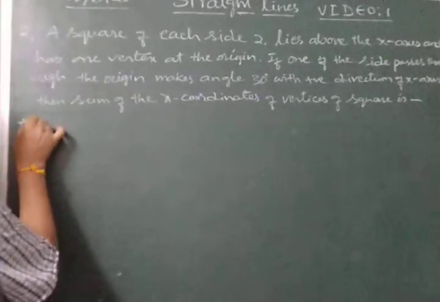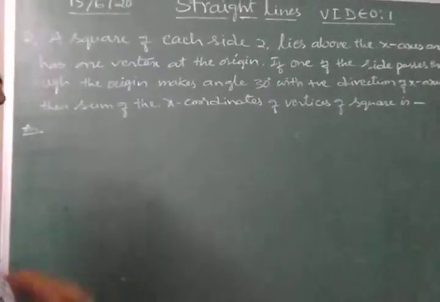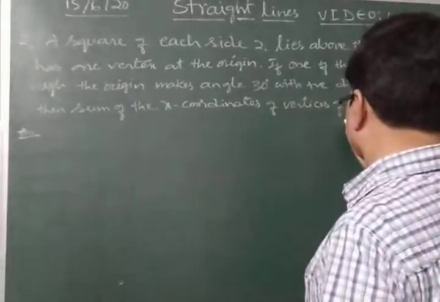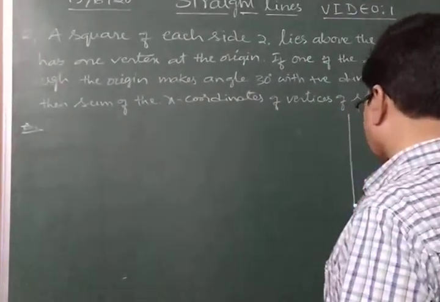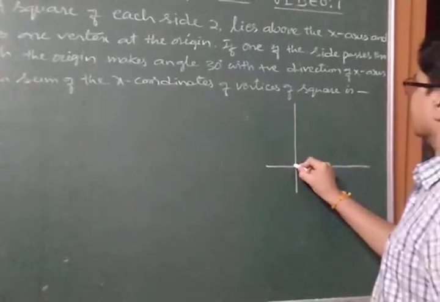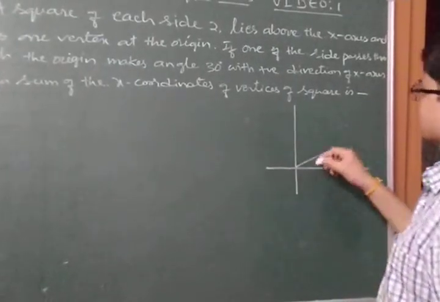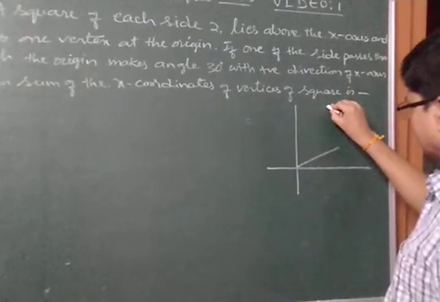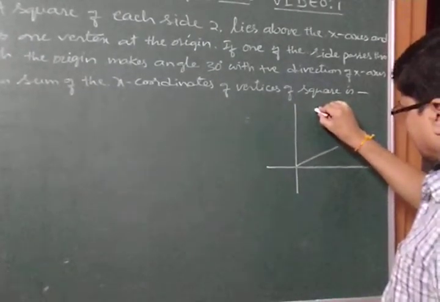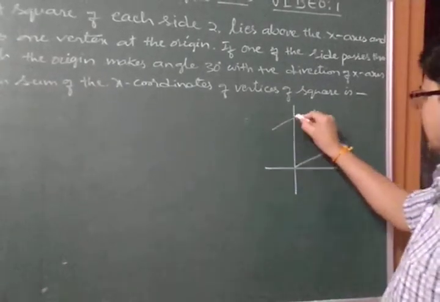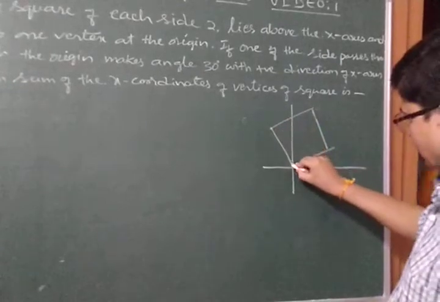That means a square of each side is 2 units. So that's why we're taking the coordinate axes like this. Square means we take it like this. This is a square.